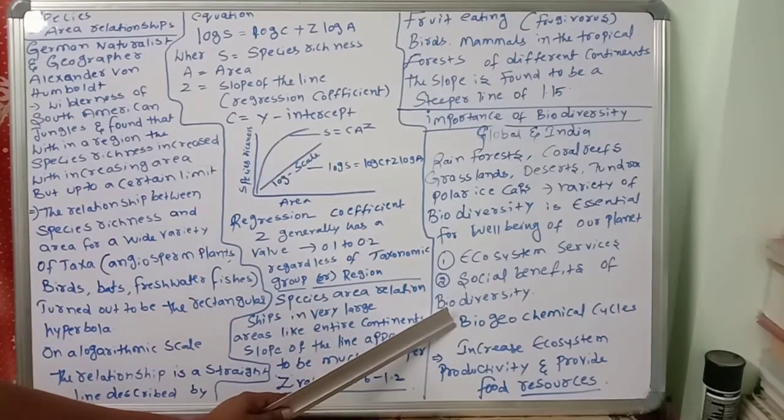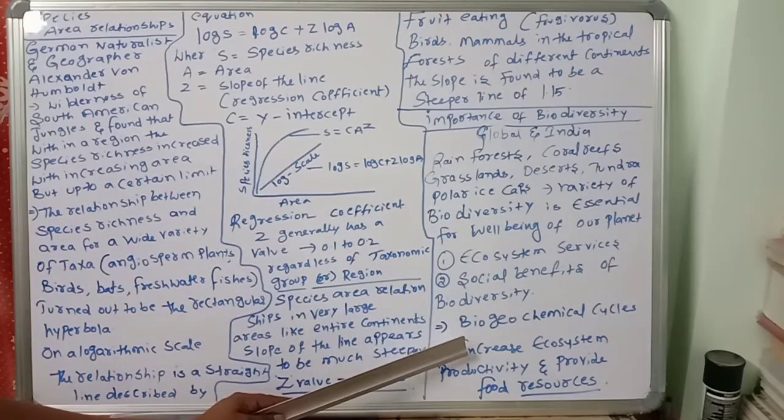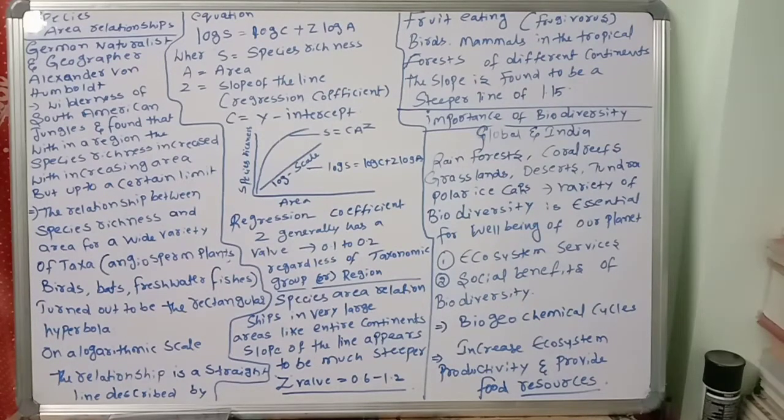Biogeochemical cycles take place. Soil formation, okay, productivity increase, water will be utilized, climate will be stable, forest resources management and sustainable development by maintaining the balance between biotic and abiotic components, cleaning up pollutants, ecological stability. These all will be there because of different forms of biodiversity.